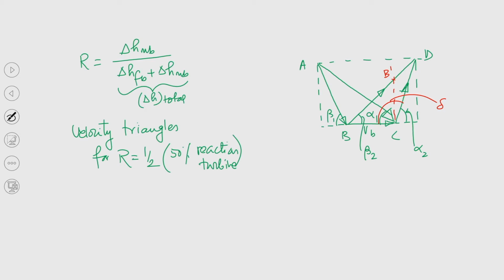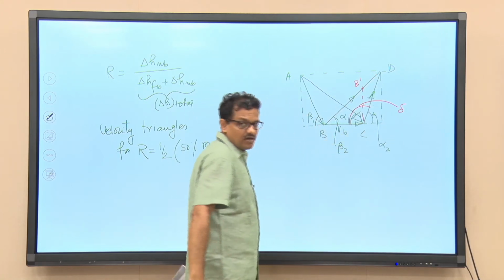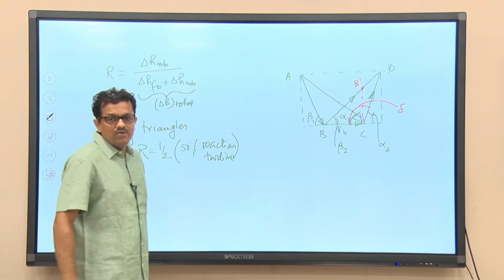But now you can see the relative velocity is higher, that is from B prime to D. So this amount is there for the reaction turbine. Can you tell me why it is so?